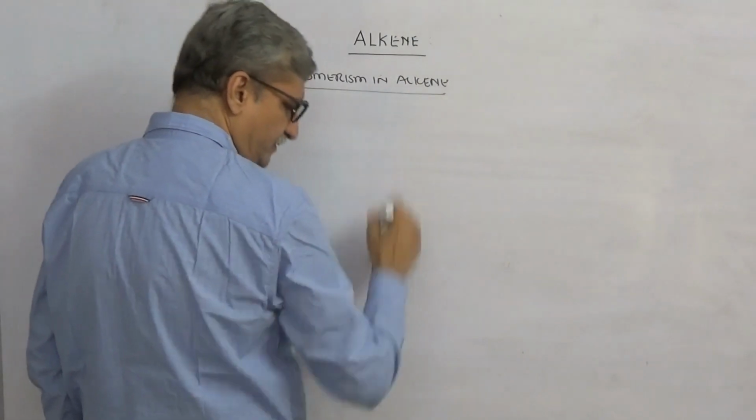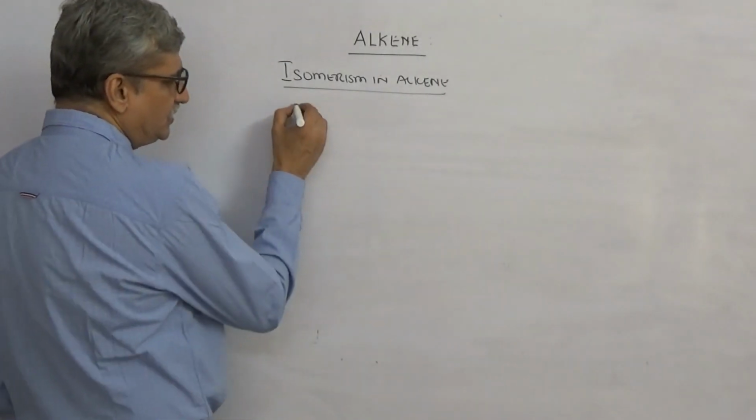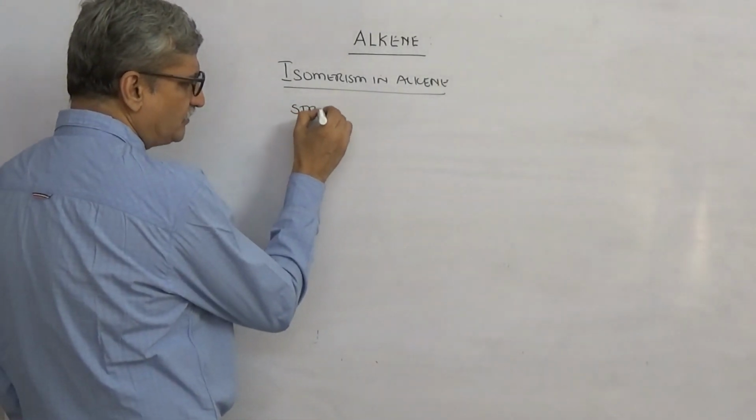So we have structural isomerism and geometrical isomerism. Is this clear? So we talk of structural isomerism.